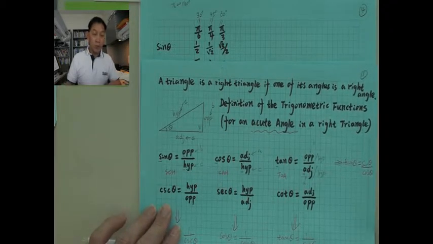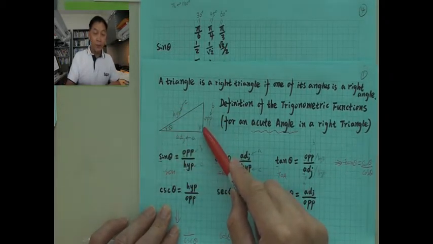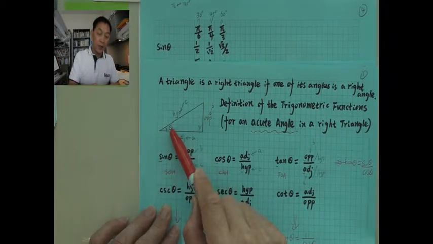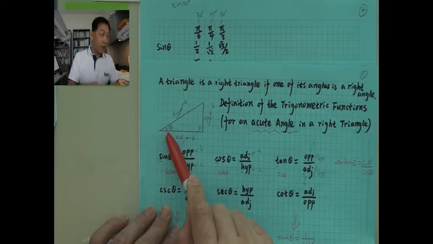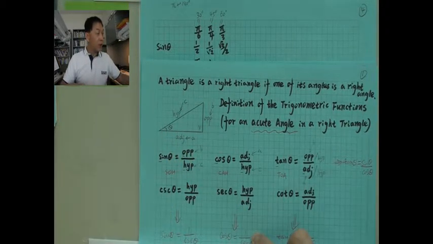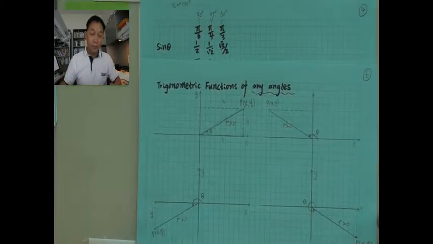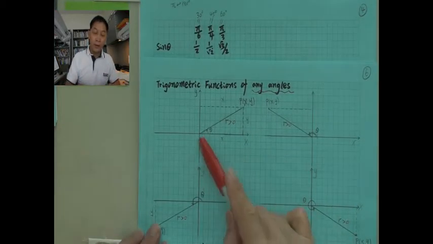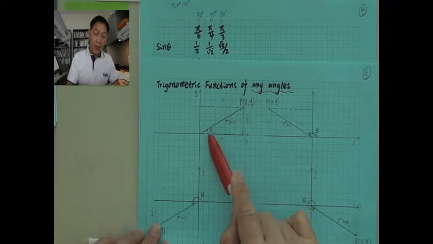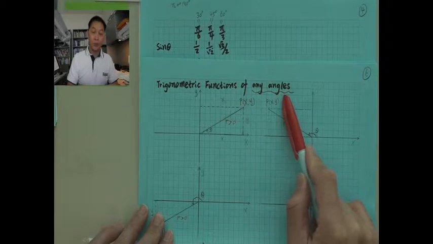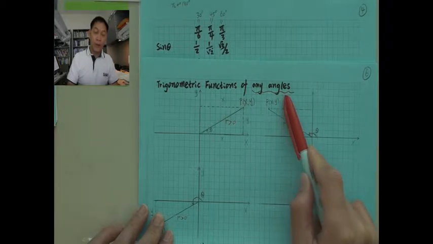And then we move this triangle, the vertex of this triangle theta, to the xy coordinate plane. So we can extend our definition in a right triangle for any angle.